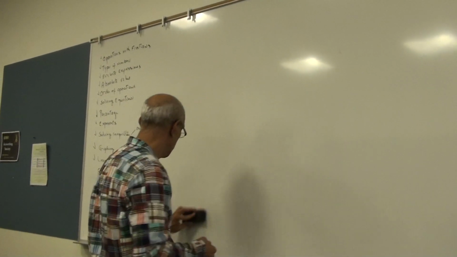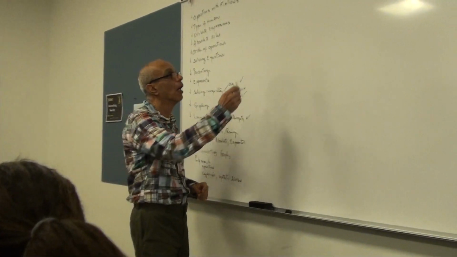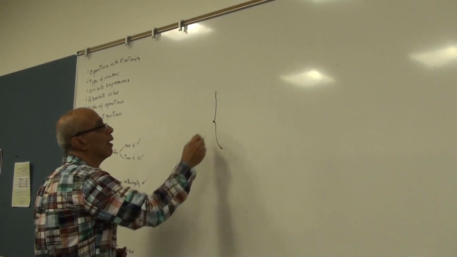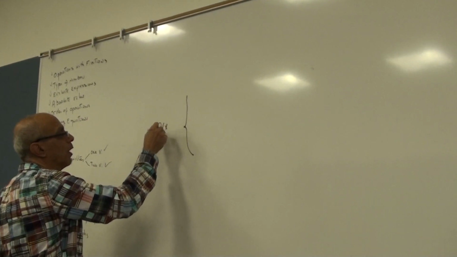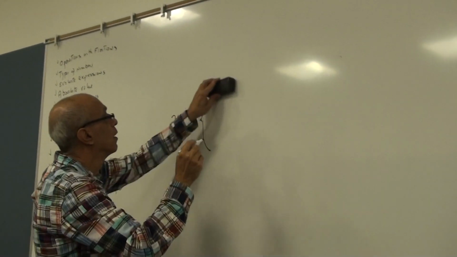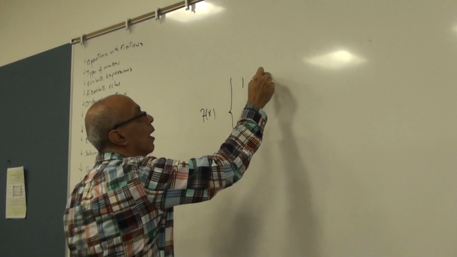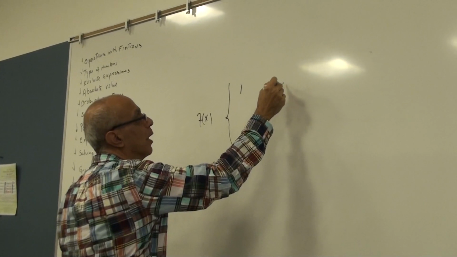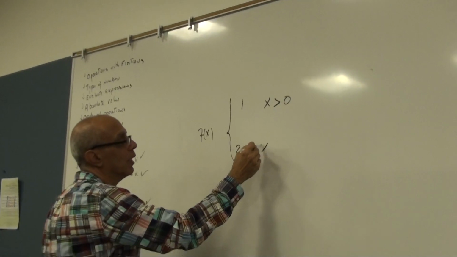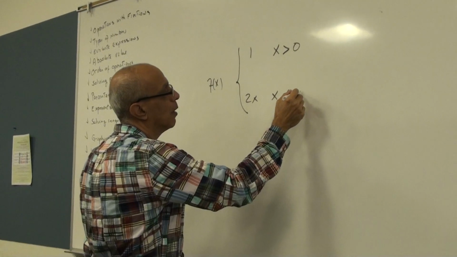Now, let's talk about the piecewise function. So let's say I have f of x, where f of x is 1 when x is greater than 0, and 2x when x is less than or equal to 0.